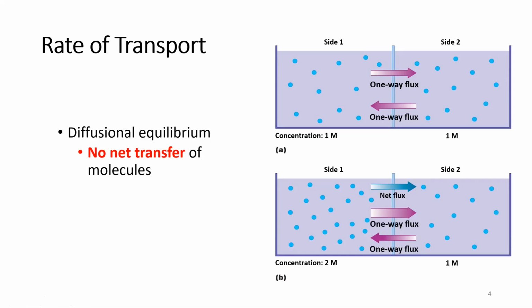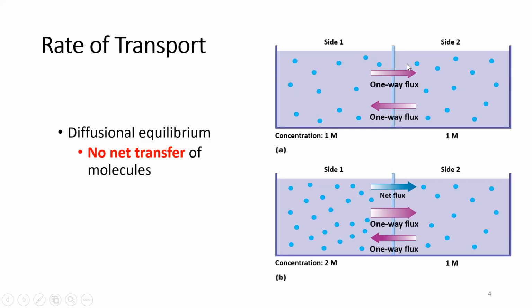Particles could be moving, as we can see in the top scenario here, illustration A. We can have an equal distribution of particles across the membrane, as we do in this container, where we do see movement. So we see one-way flux happening from one side, one-way flux happening to the other side as well, but there's no net transfer of molecules, okay?